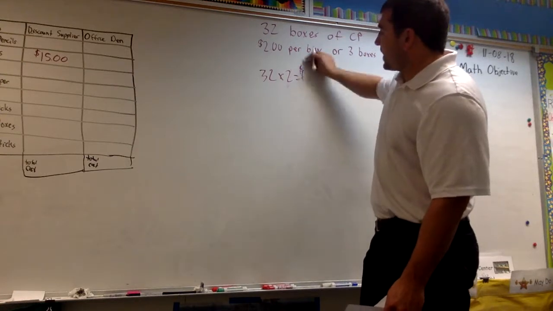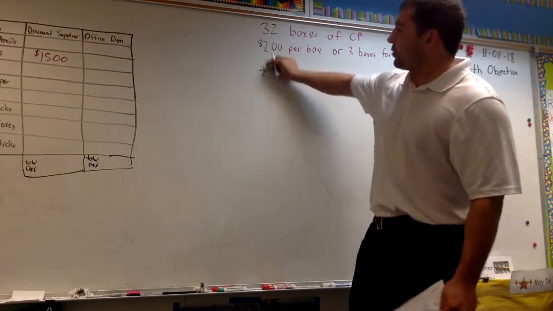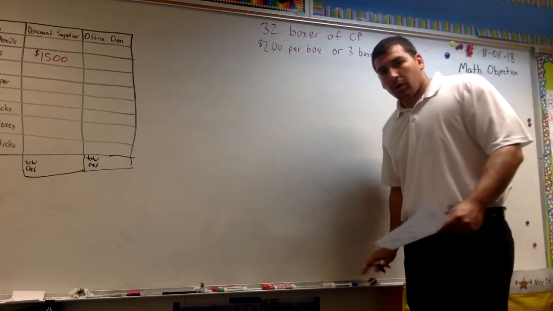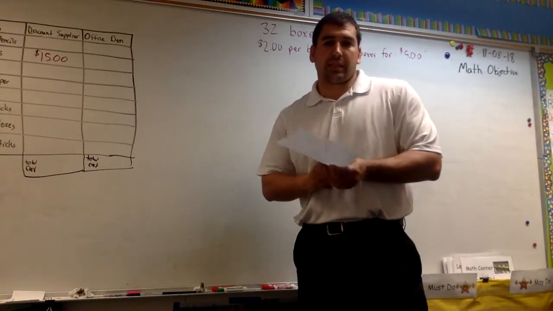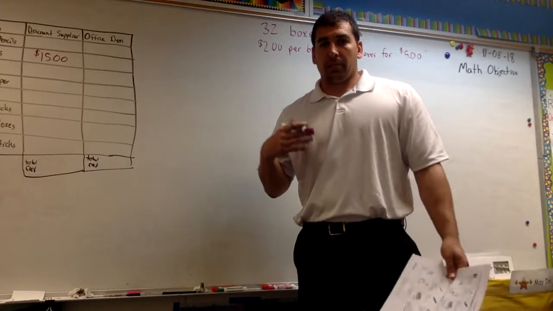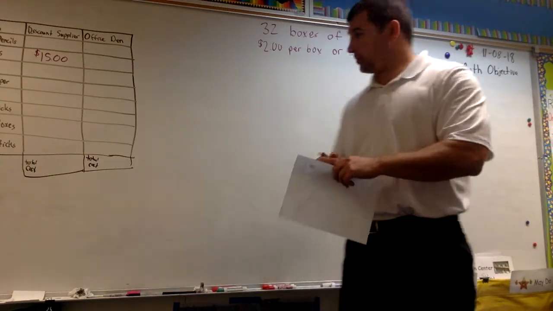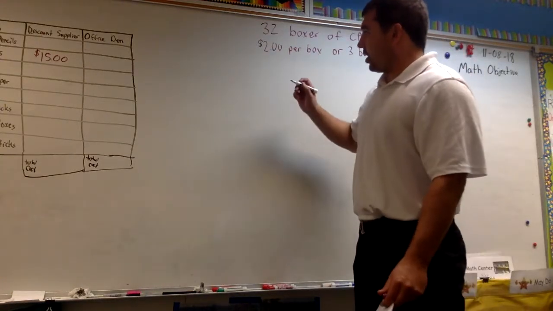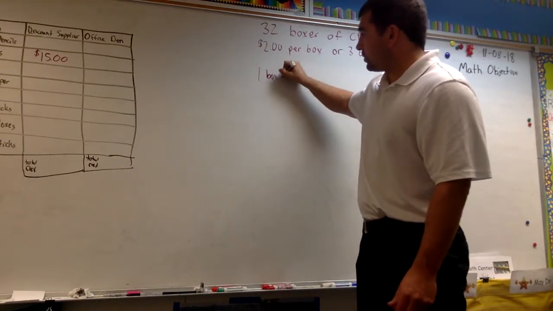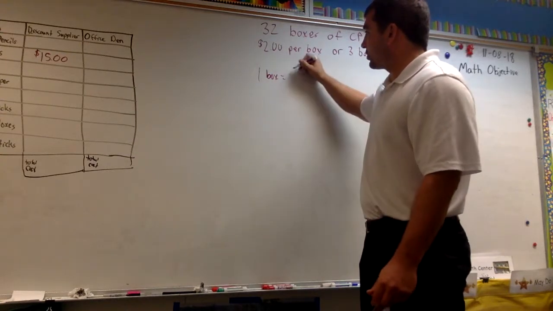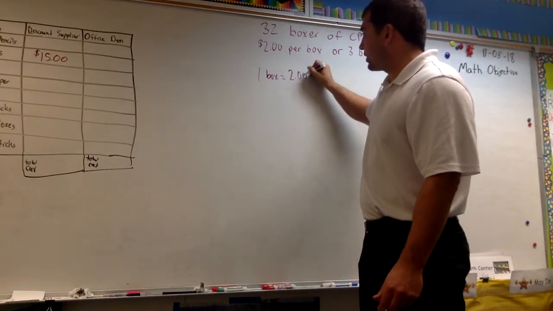That would be a lot easier. All right, but we're not making it that easy on you. You are in 5th grade, and we want to see you practice. And also, you're going to save some money. That would be $64. We'll see how much we save at the end of this. Well, let's think. If I bought 1 box, it equals $2.